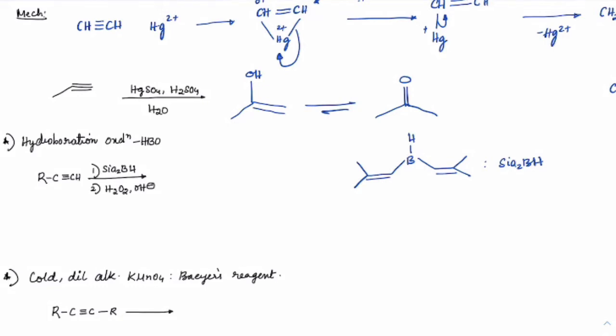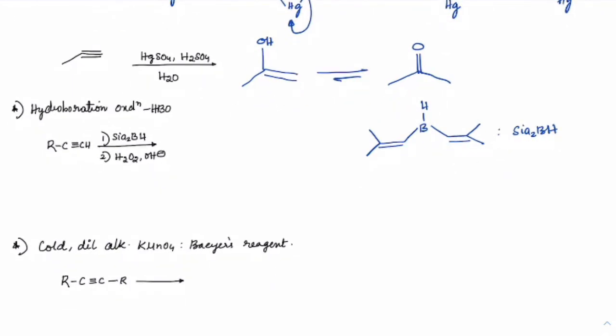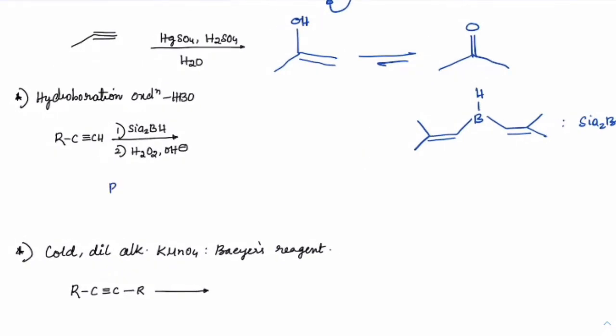Here basically the reaction which happens would only give that one hydride shift. If you see the mechanism, it happens something like this: R C triple bond CH with B and H here, and Sia and Sia here. This is how it is present. So this pi would attack here, and the hydride would shift here. It is the same thing you have seen in hydroboration; a similar step would happen here.